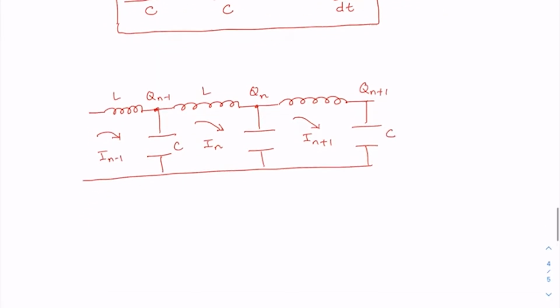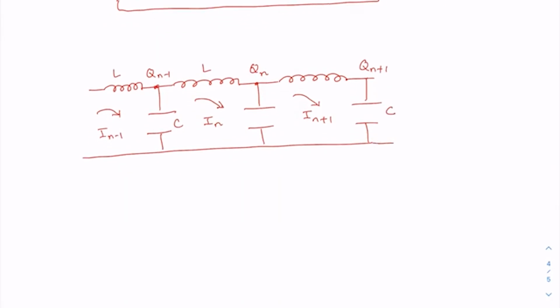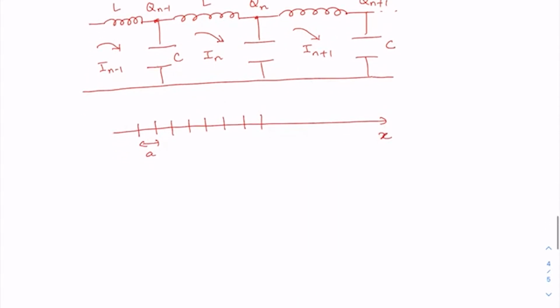In the continuum limit, as we have learned earlier, we can divide this transmission line into a number of cells along the x direction, each cell of size a.